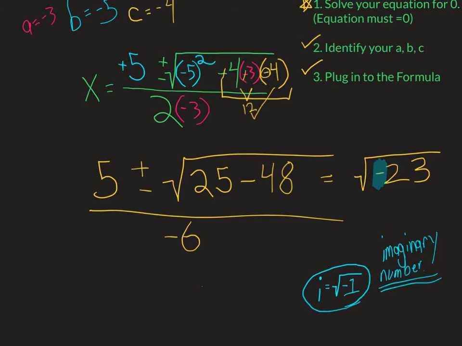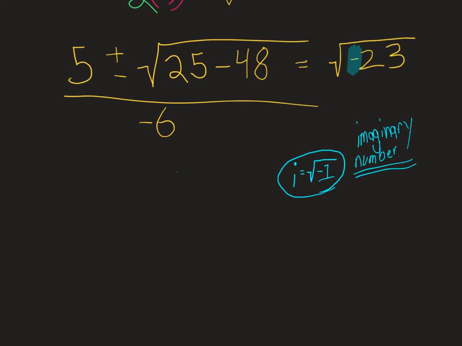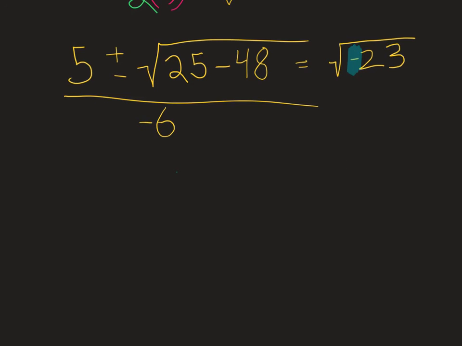So the good news for you is if we hit a negative under our radical, for now, you get to just do this until you get to Algebra 2. Boom, boom, gone. If you see a negative underneath the radical, that immediately tells you there's no solution.